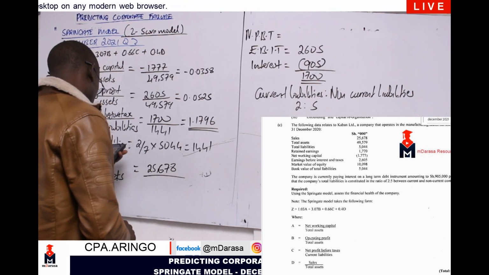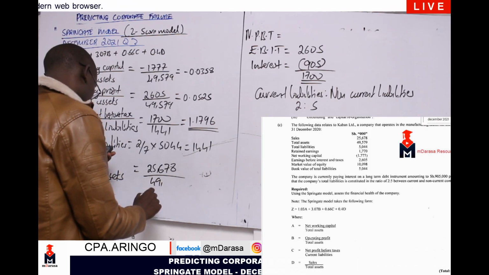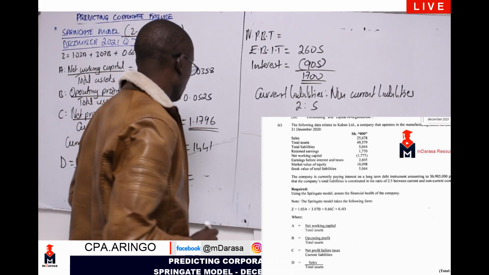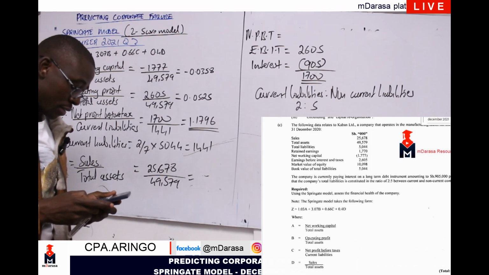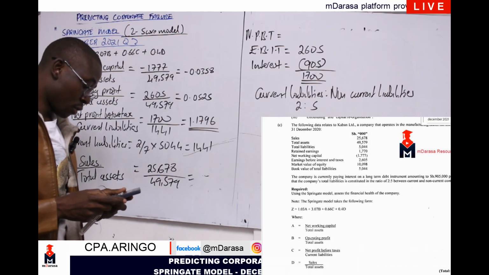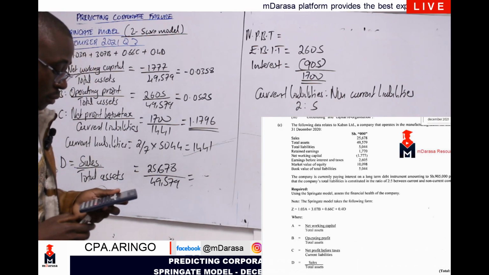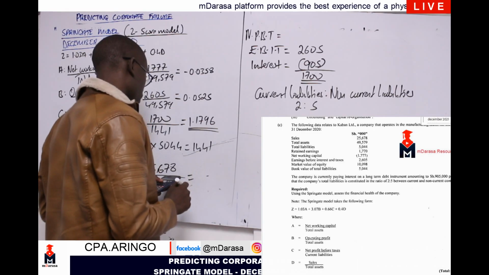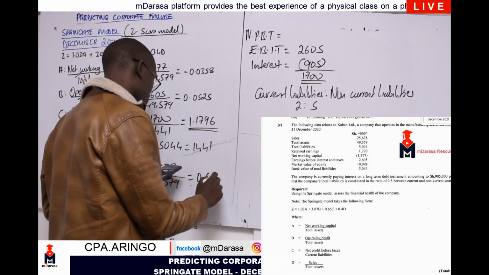We divide by total assets, 49,579. So that should give us what? 25,678 divided by 49,579, to give us 0.5179.